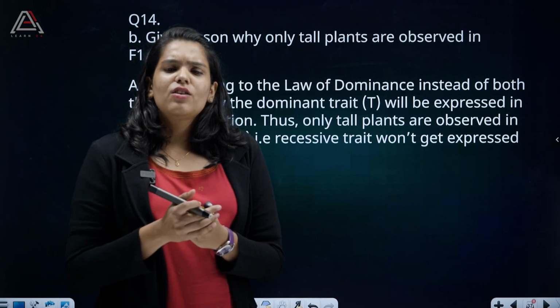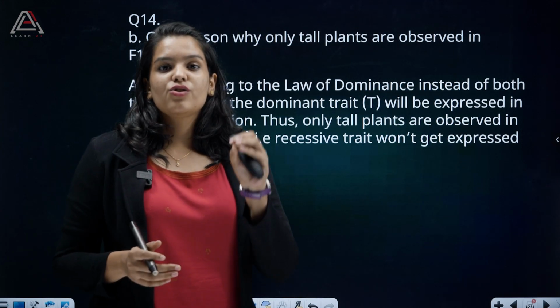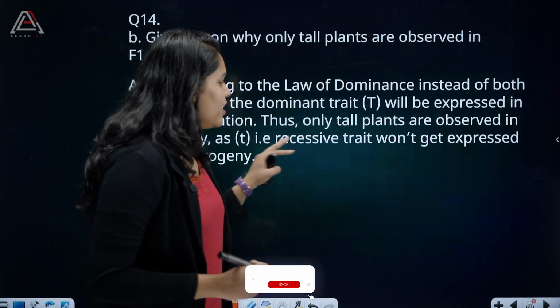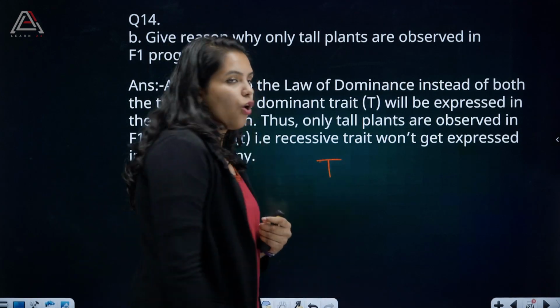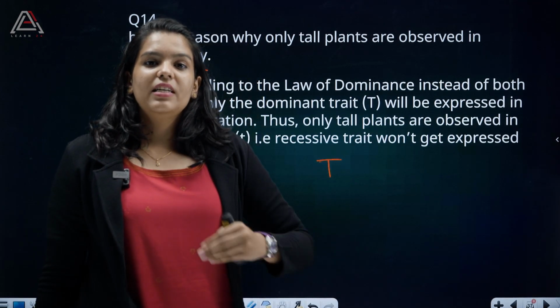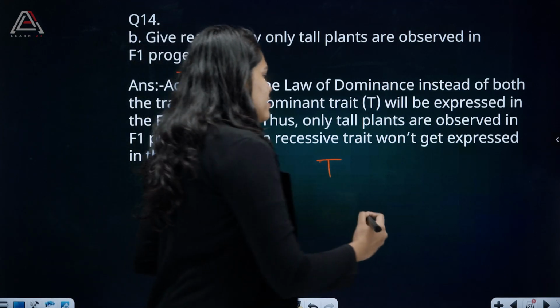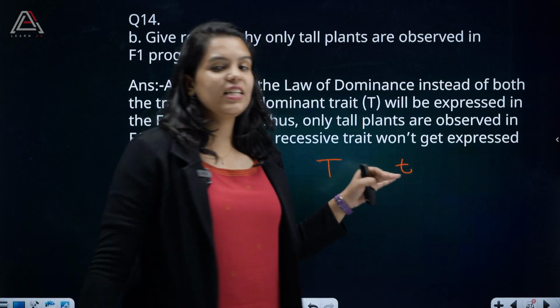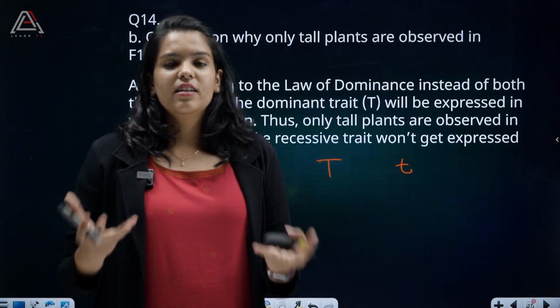What does the law of dominance state? Only the character which is dominant, that is in this case capital T, will be expressed in the next generation, whereas the small t trait is a recessive trait, so it won't be expressed in the next generation.